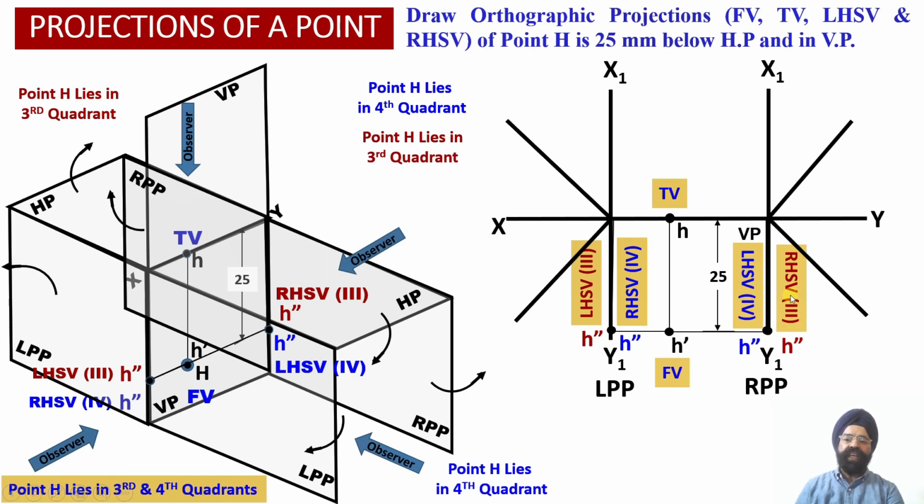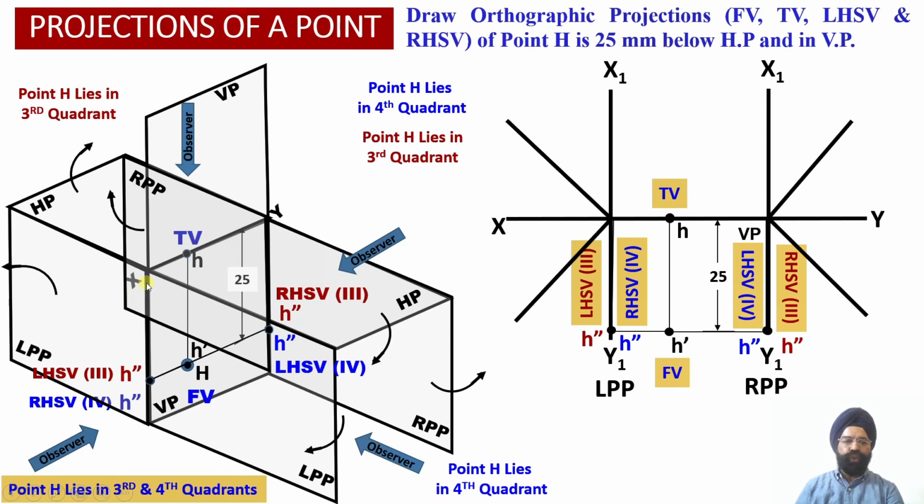So this way we have been able to obtain the front view orthographic projections and the top view orthographic projections, and these two orthographic projections, that is front view and top view, will remain unaltered irrespective of whether the object lies in quadrant 3 or quadrant number 4.